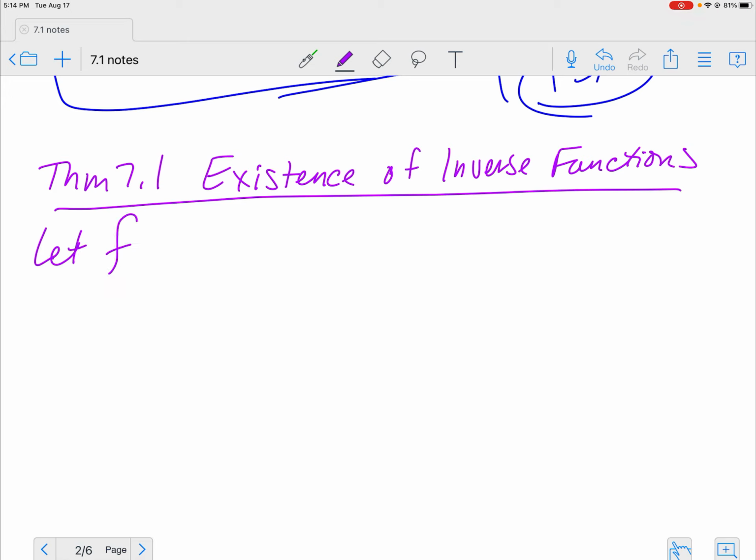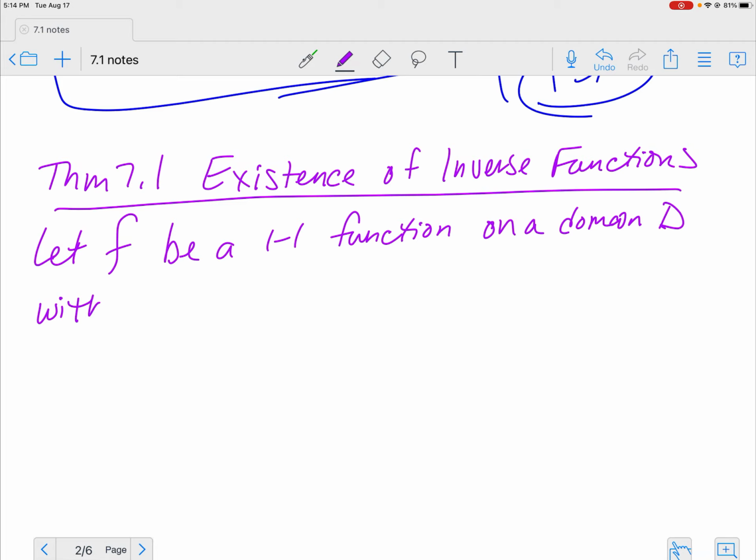So we're going to let f here be a one-to-one function on a domain D with a range R. Then this function f has a unique inverse.